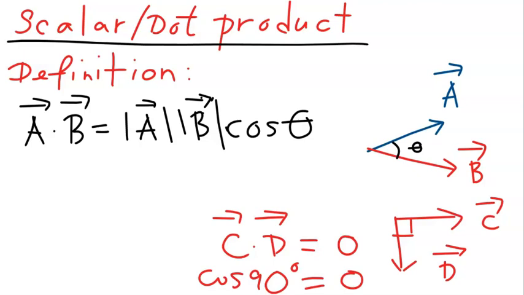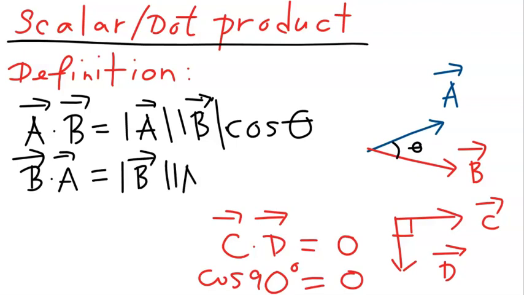Another thing to note is, if we reverse the order of vectors in this dot product, so B dot A, for example, it will become the magnitude of B times the magnitude of A times cosine of that same angle, theta.